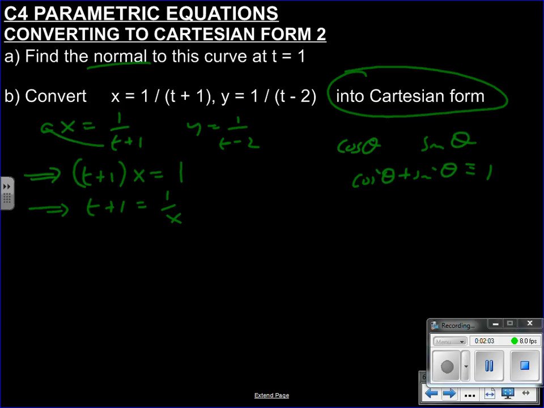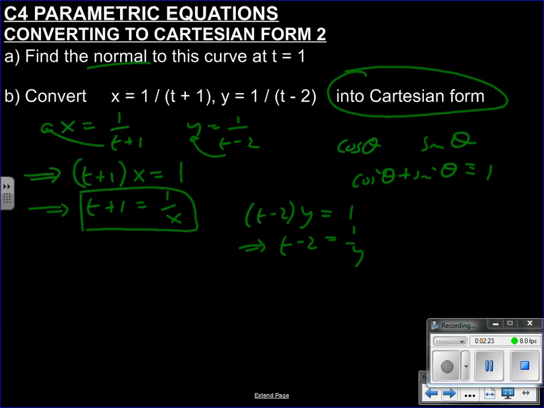So therefore, well, let's do this for a sec. Maybe you'll like this one. So that's t plus 1 is that. Just bear with me here. What about for this y? How about if I times by the t take 2 and then divide by the y? Can you see that if I add 3 to both sides, why has he done that?